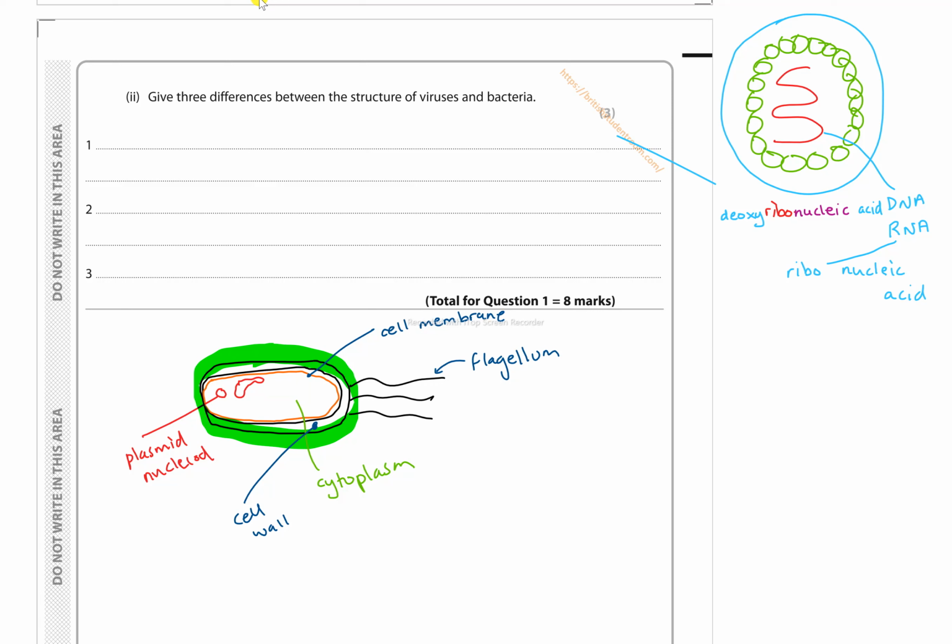So they're saying give 3 differences. Right, virus is smaller. That's given. It does not have a cell wall.